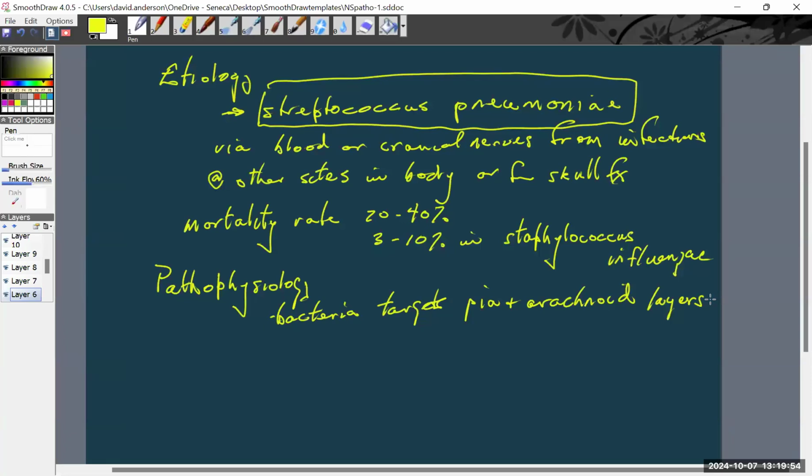And if it's able to penetrate into the subarachnoid space, then it's going to be able to travel throughout the entire central nervous system through the cerebral spinal fluid.